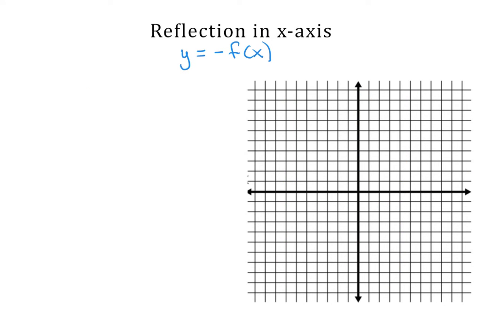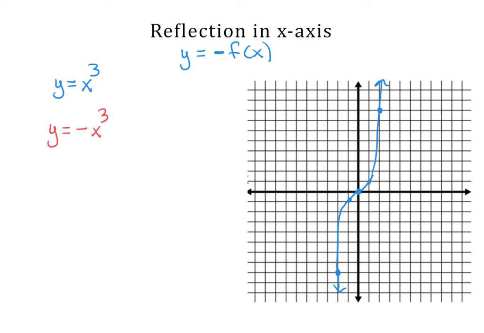Okay, now we're getting into reflections. Reflecting over the x-axis is when you have a negative in front of your function. Okay, we're going to graph the parent function of the cubic function. First I'm just going to apply the reflection, and then I'm also going to, with the reflection, add in a shift. So first, let's just graph y equals negative x to the third.